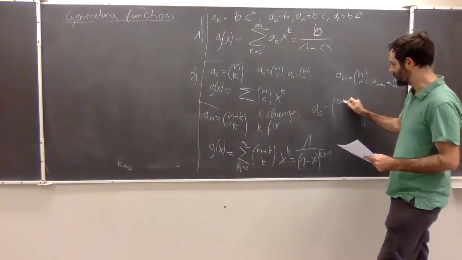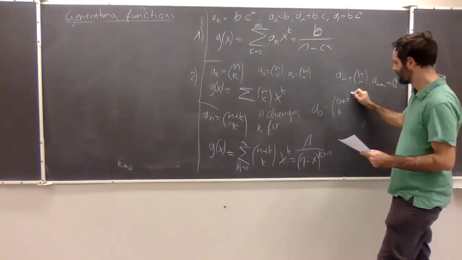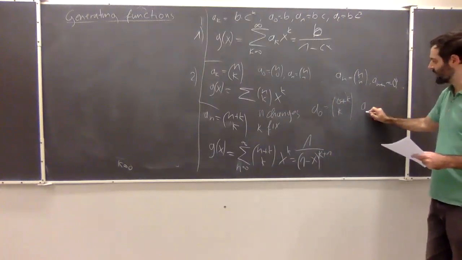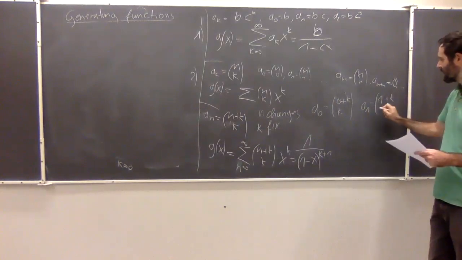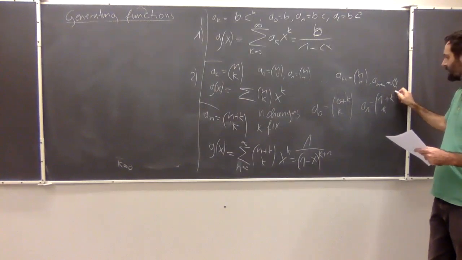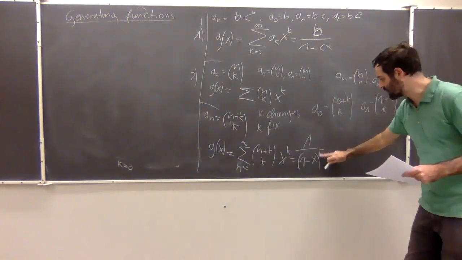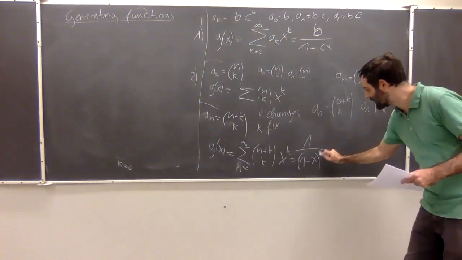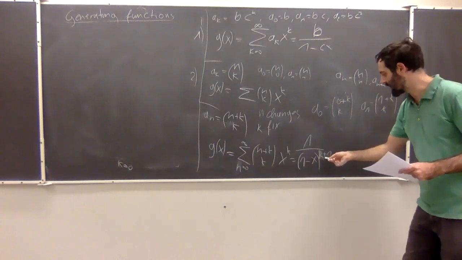Then I'm getting 0 plus k over k. My second element will be A1, which is 1 plus k over k, etc. And then the k is fixed, but if you would choose any number here, then you get 1 over 1 minus x to the power k plus 1.